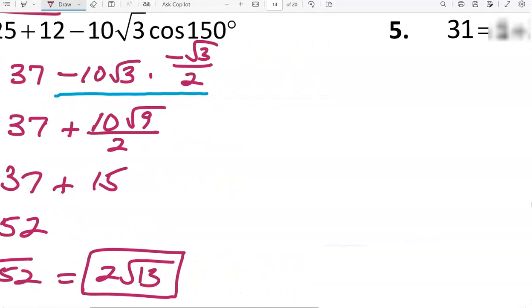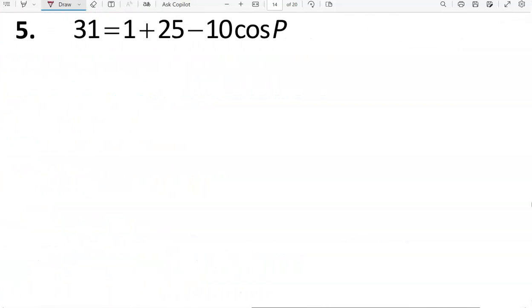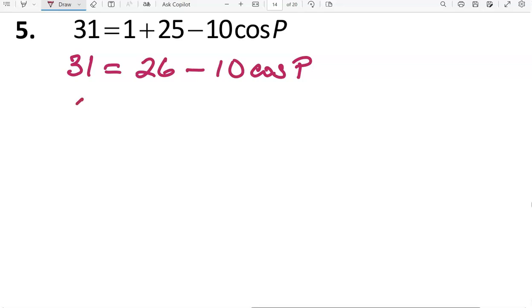Okay, let's move on to number 5, and this is a law of cosines type of setup, but this time we're solving for the angle. So the process is going to be a little bit different. Let's simplify what we've got on the right side of the equation. 1 plus 25 can be added to get 26, and we cannot subtract that 10 there because the 10 is multiplying the cosine of angle P. So in order to solve, we've got to subtract 26 from both sides.